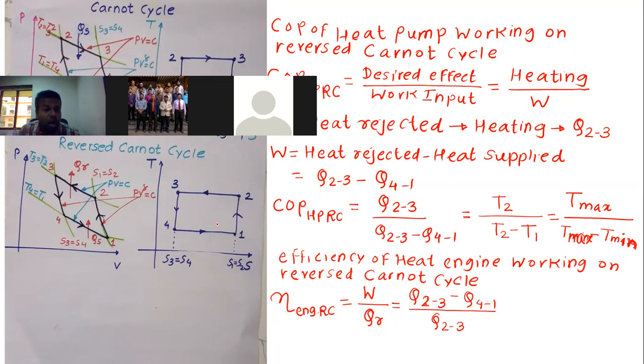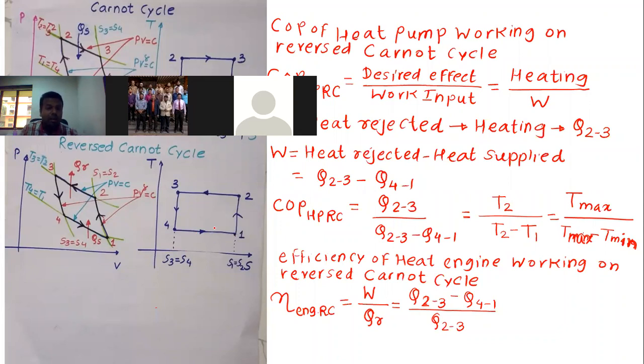So heat rejected during 2 to 3 is the area below 2 to 3. Similarly, heat supplied during 4 to 1 is the area below 4 to 1.